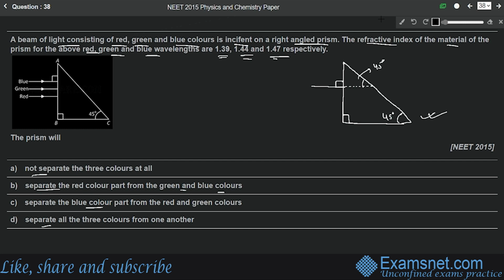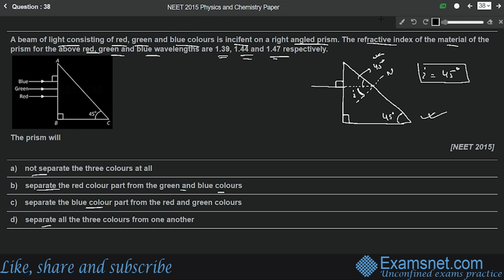Now we have to find out the angle of incidence. So let's draw the normal. Normal means 90-degree angle with this surface, right? Out of which the first part is 45-degree, so the other half will also be 45-degree, and this other half is the angle of incidence. So the angle of incidence is equal to 45-degree.